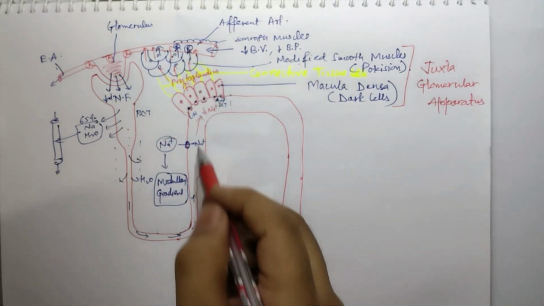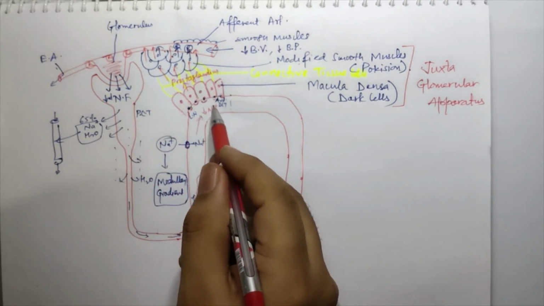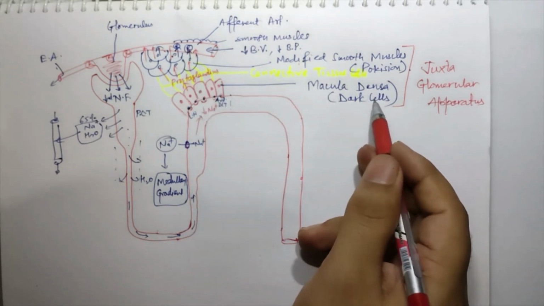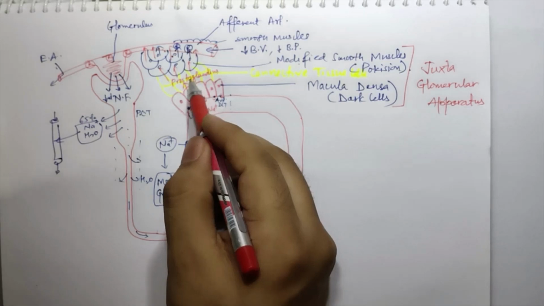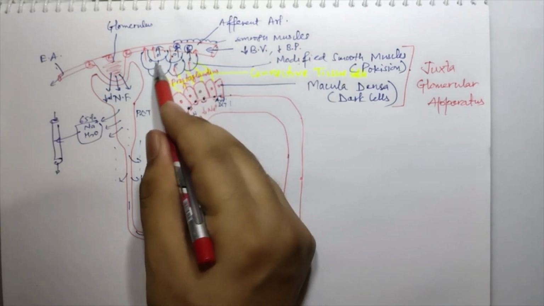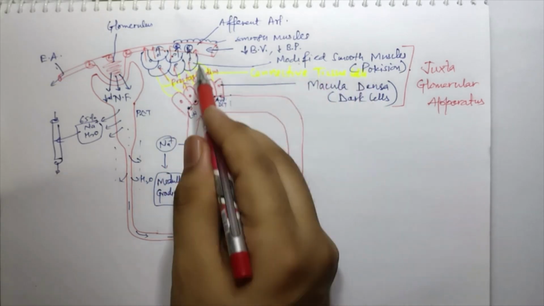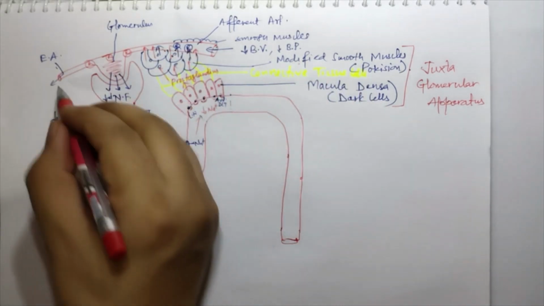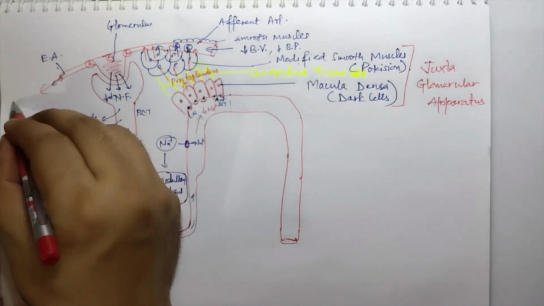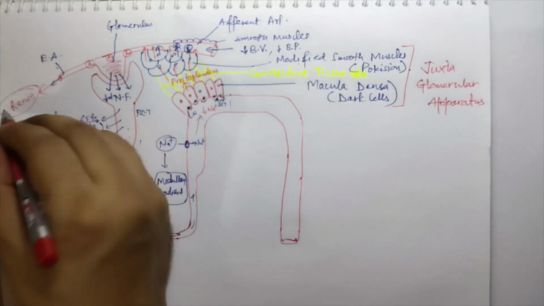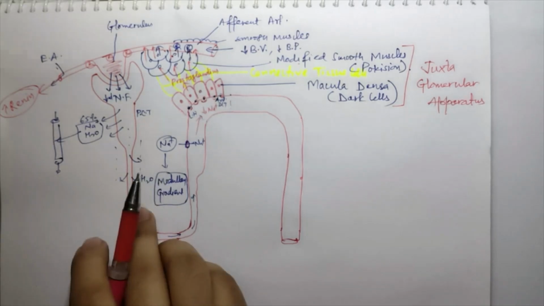Subsequently, the reduced amount of sodium ions is sensed by the macula densa cells, and they release prostaglandins, which ultimately triggers more and more release of renin from modified smooth muscles into the main circulation. And here, the main circulation is now supplied by a higher concentration of renin.